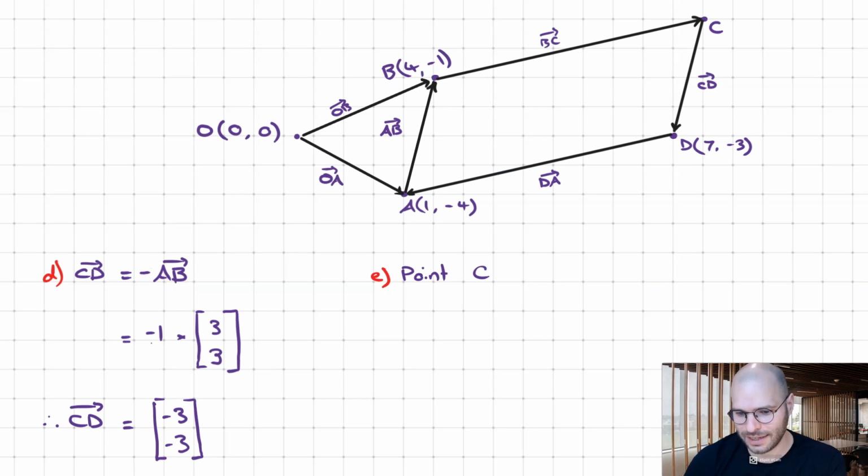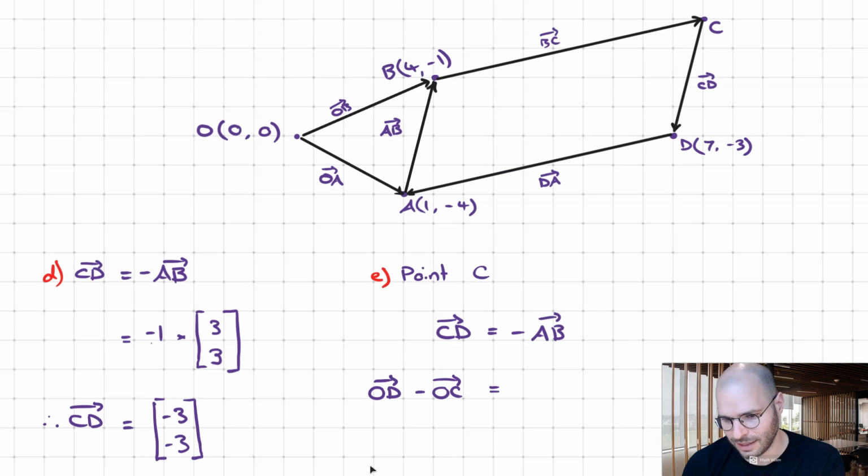Now, if we say that CD equals negative AB, just like so, what we can do is we can break this up into its smaller components. CD equals OD, take OC. AB is the same as saying OB, take away OA. So what we're doing is we're doing a bit of algebra here.